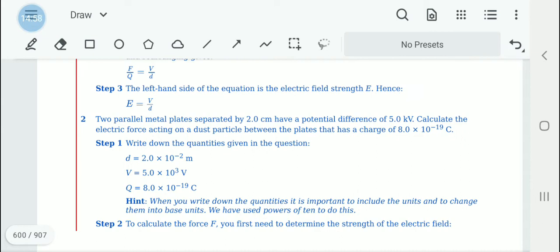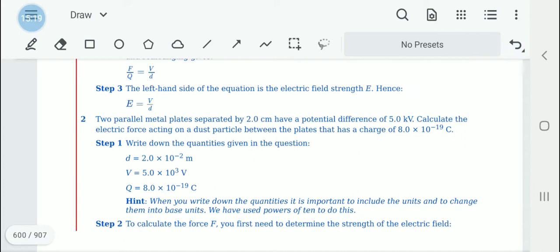Then the second question: two parallel metal plates separated by 2 centimeters have a potential difference of 5 kilovolts. Calculate the electric force acting on a dust particle between the plates that has a charge of 8 into 10 to the power minus 19 coulombs.